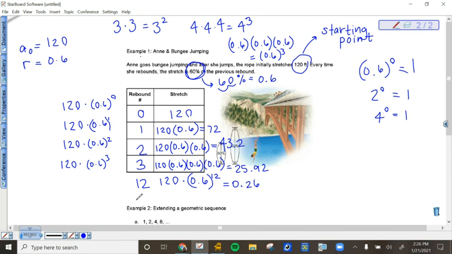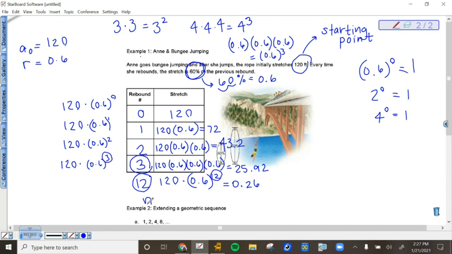Okay, and then what if I said, let's find the nth term? What would we do? What's similar about the rebound number and our exponent? They're the same thing, right?